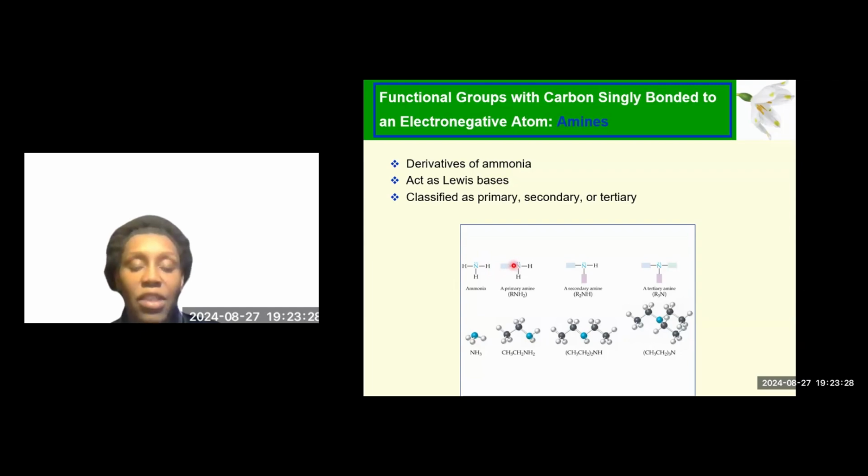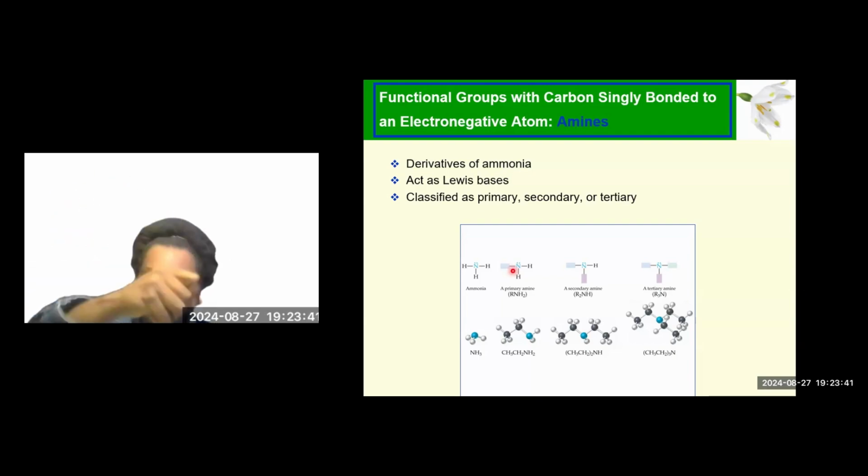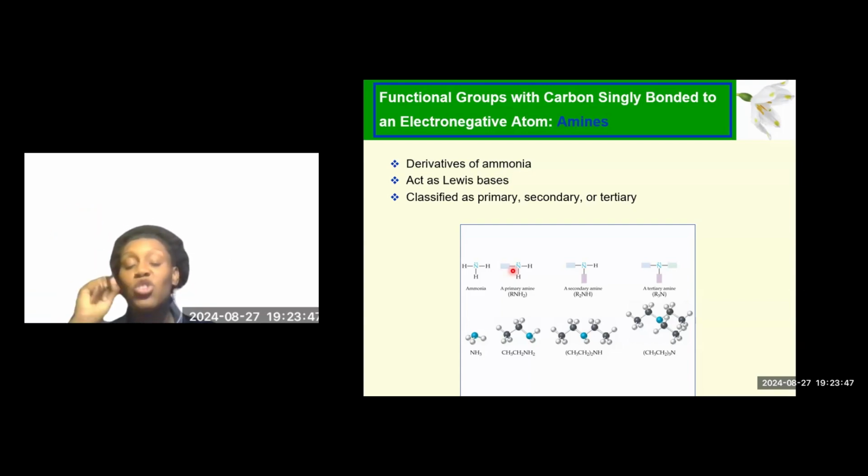Just like when we had our primary, secondary, tertiary alcohols, it's based on how many carbons are attached. With alcohols, it was based on how many carbons were attached to that carbon. With amines, it's actually referencing how many carbons are attached to the nitrogen. So it's slightly different, but similar.